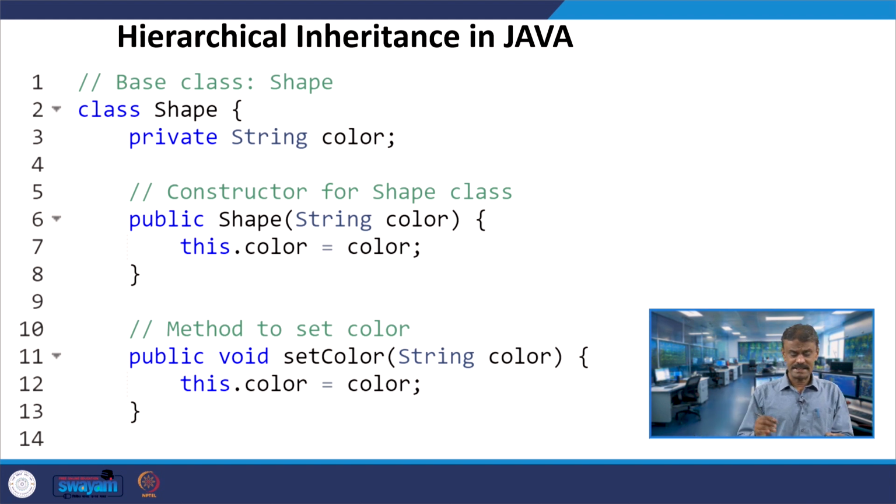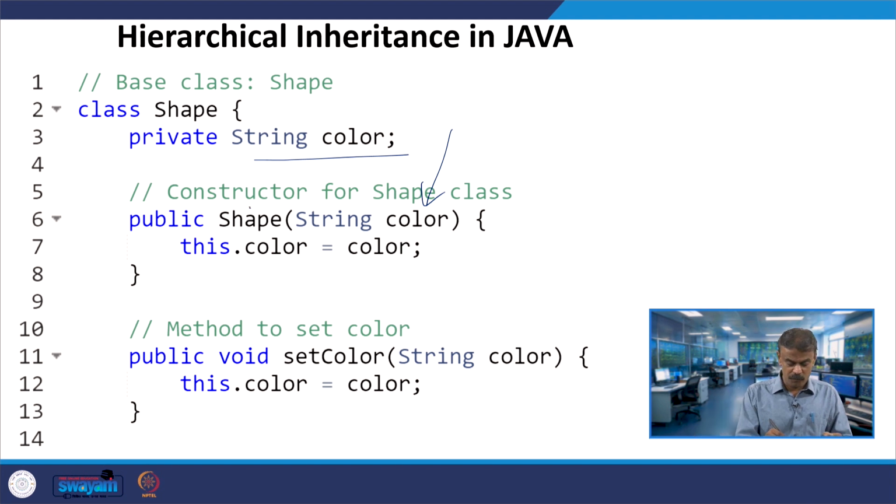Let us consider class Shape. You have the private member data, let us say string color. Class Shape is a base class, and then I have a one-argument constructor with string color as the argument.